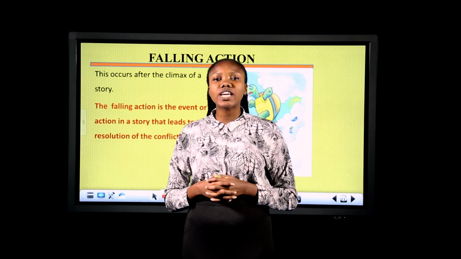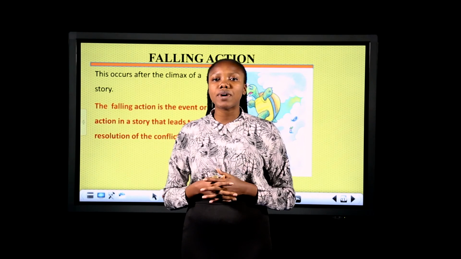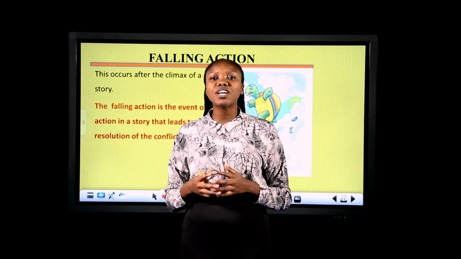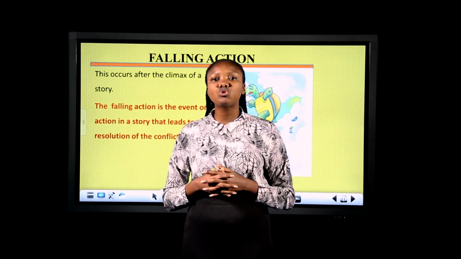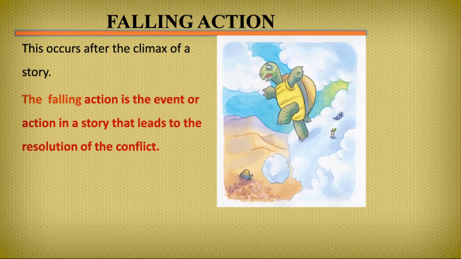The falling action is the next element after climax. This is when the story gradually comes to an end. The events and the actions lead to the resolution of conflict. Now, from our example, the falling action is when the birds decide to throw Mr. Tortoise from sky to earth. That is what we have in our picture here.